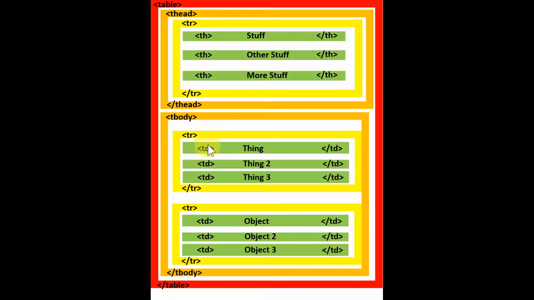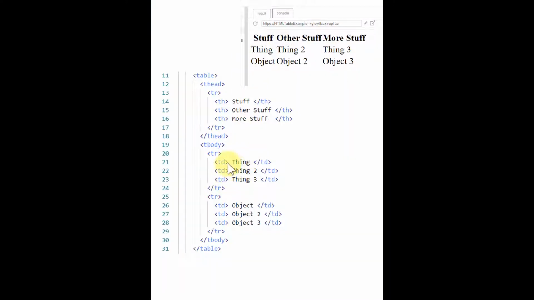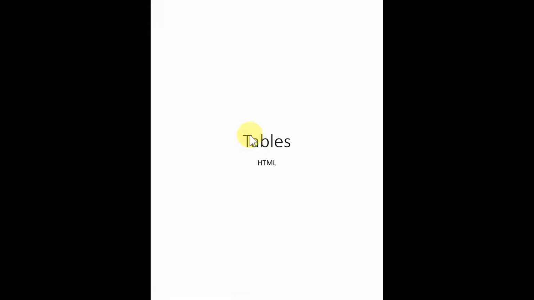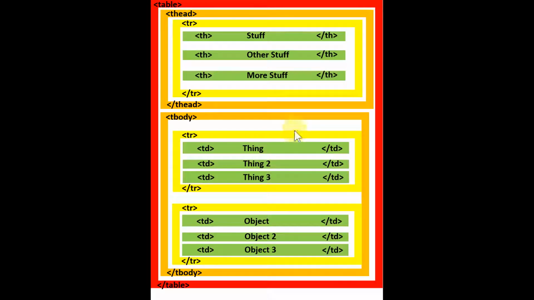In this case, I just have two, so I have a TR here, and then the TD for table data, and then thing 2, thing 3, objects, all the way down. Again, you can see that same thing laid out here in the actual HTML going across. So that is the basics of tables in HTML. I hope these boxes help break it down and show how that works. It's a lot of things inside of other things, but I think that can help explain it.